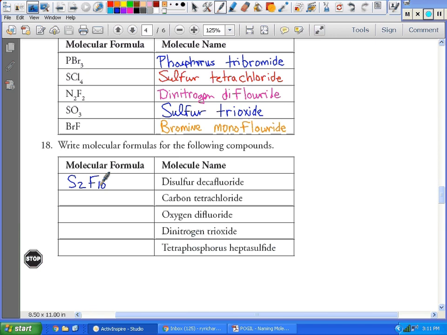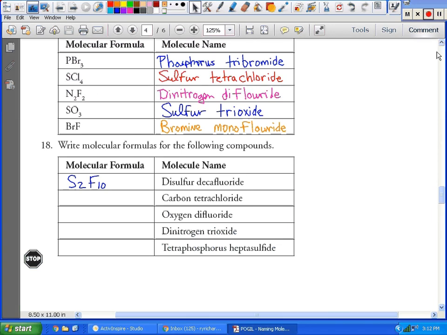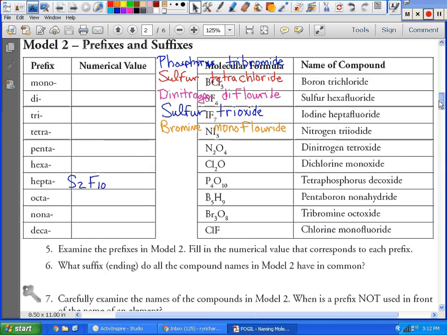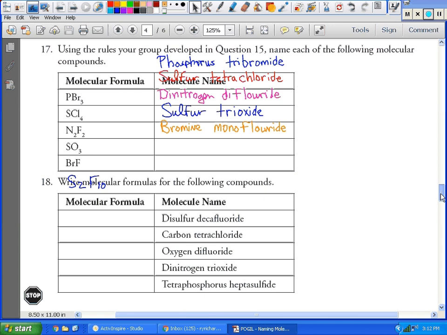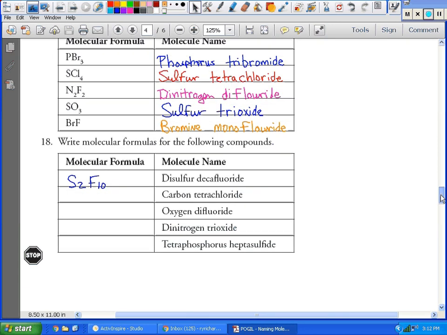Hang on one second. Oh, my bad. Okay, go ahead. Yes. The A. You would drop the A. So it's tetroxide.